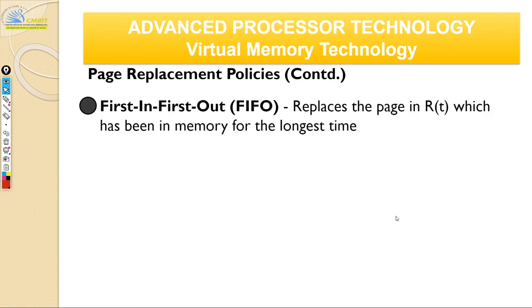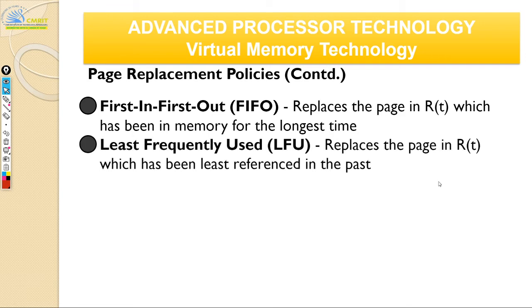Now there are more page replacement policies. First in, first out: here you replace the pages in the order they were brought into memory. It's one of the most trivial algorithms. You just have to maintain one FIFO queue and replace pages by taking turns. The next one is least frequently used, but here it's a little more involved.